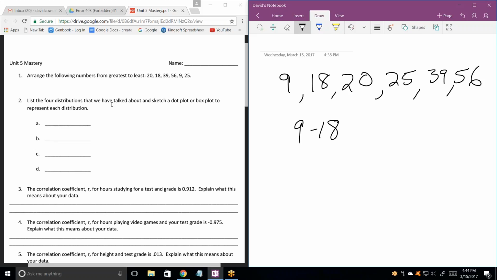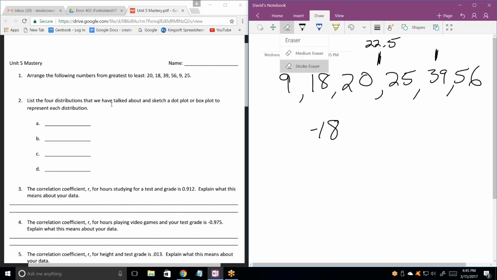In other words, if my midway point is 22.5, then there's 3 numbers to the left of that. That's the middle of my first quartile. That's the middle of my third quartile. So my first quartile goes from 9 to 20.